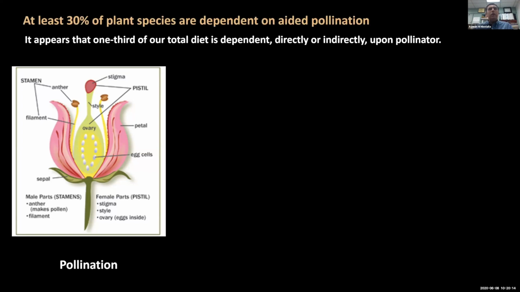And all in all, about 3% of the plant species that we know are dependent on pollination, whether it's something biological like an insect, or something different, like air or water, as we said. So a third of our daily diet, maybe directly or indirectly, is dependent upon a pollinator, whatever this pollinator is.